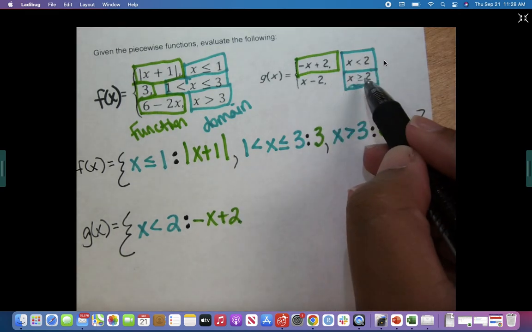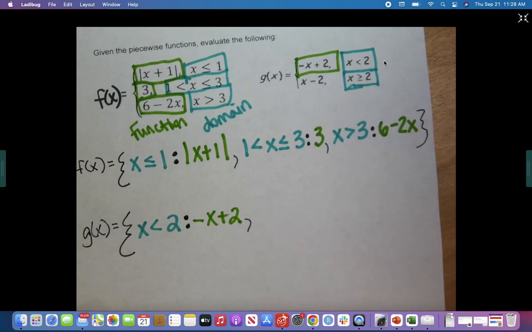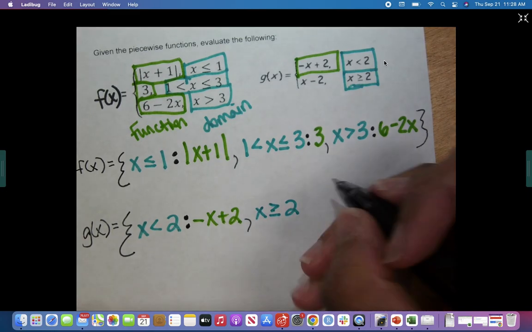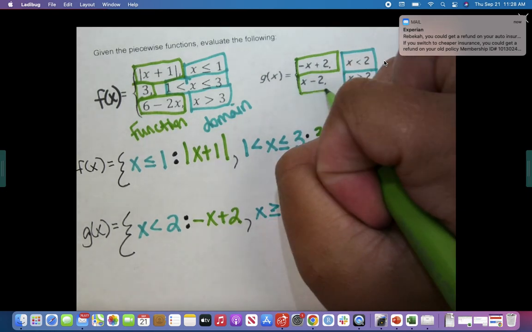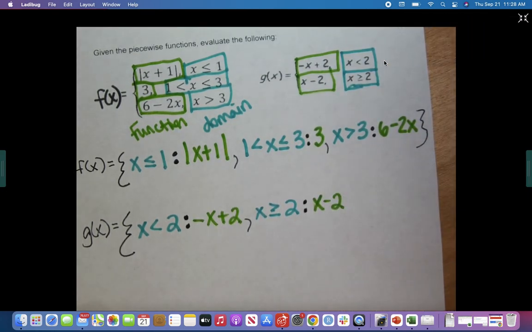And then we've got our other portion. So comma, x is greater than or equal to 2. Colon, the function for that part. So x minus 2. And then that's the end of my function. So I'm going to close it with the curly brackets.